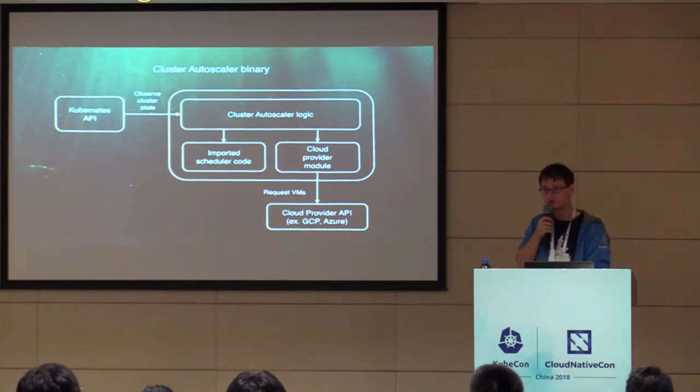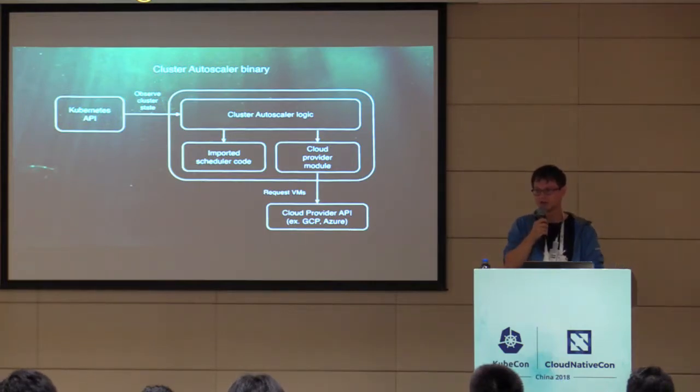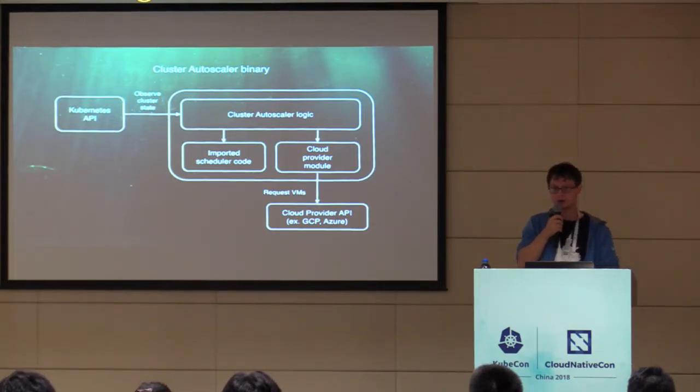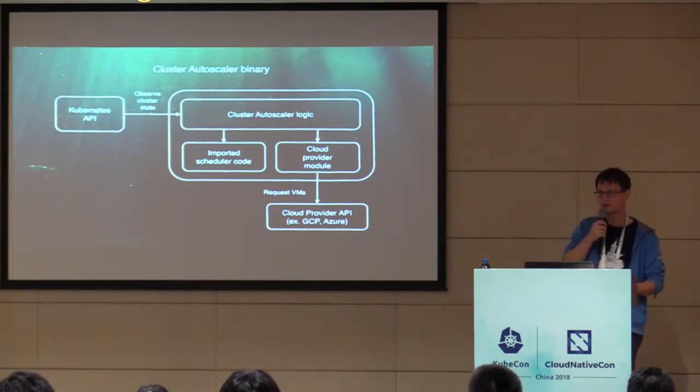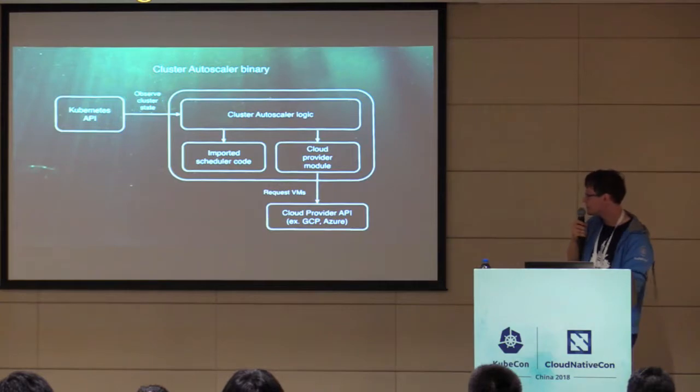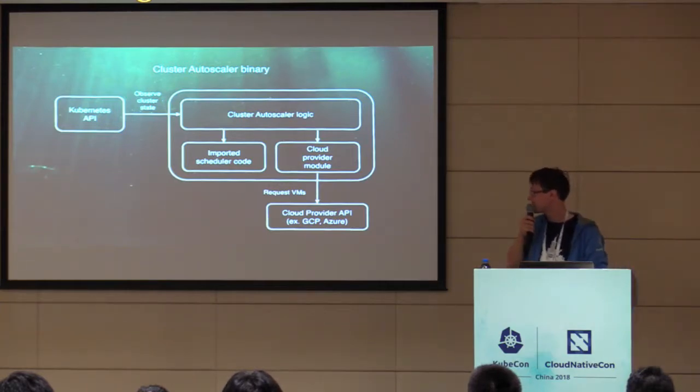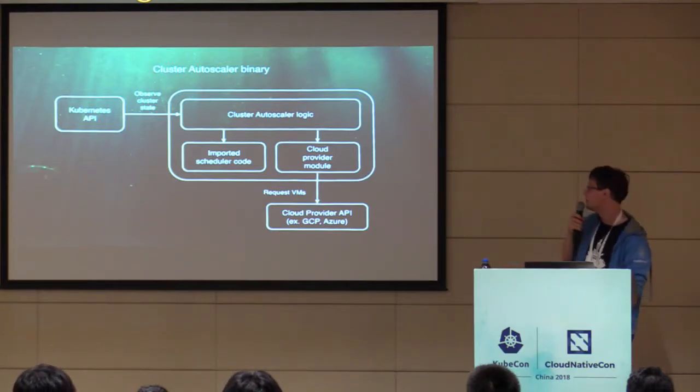So we release a new Cluster Autoscaler for each new Kubernetes release. If you're using Kubernetes 1.12, you should be using Cluster Autoscaler 1.12. With 1.13, we will release Cluster Autoscaler 1.13, and so on and so forth.